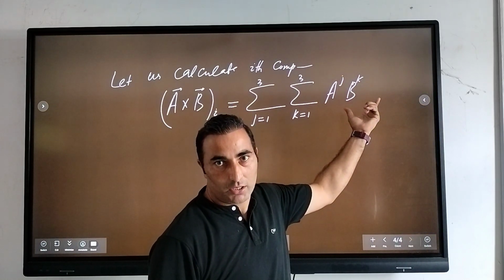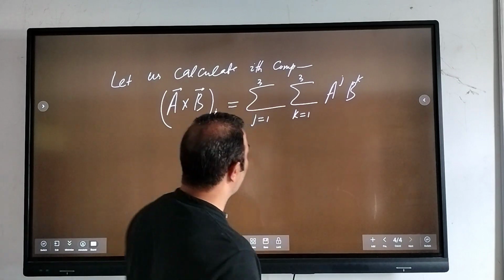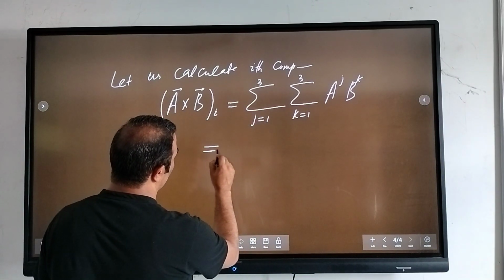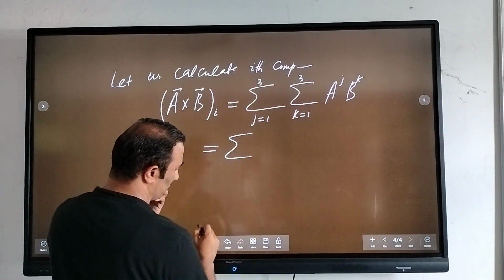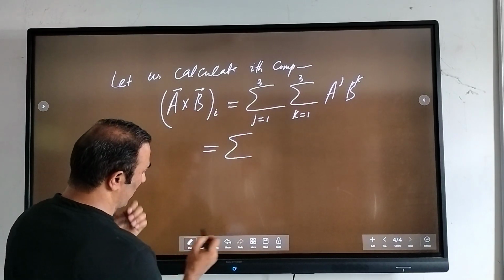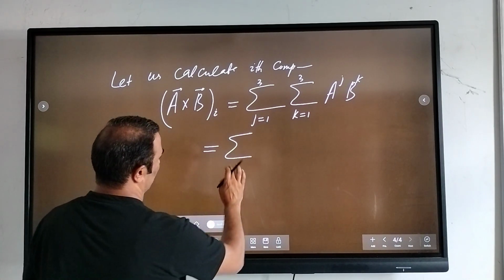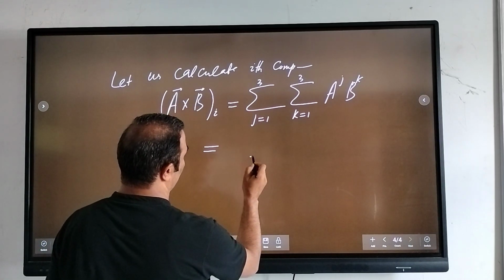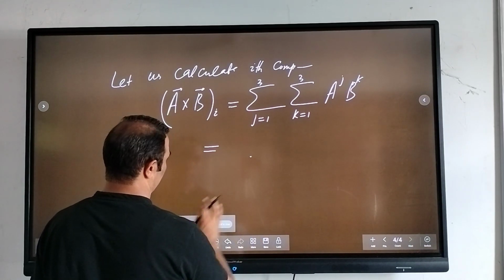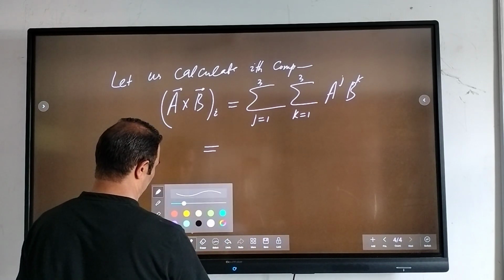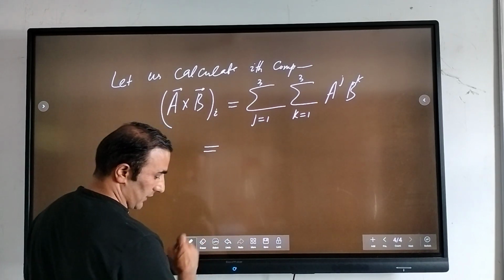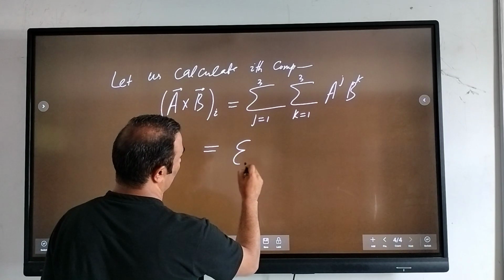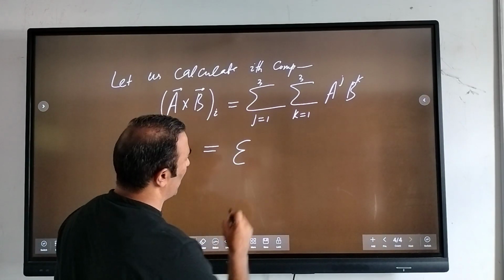First component will be absent, right? So I can write this as summation, or you can write this as epsilon ijk.